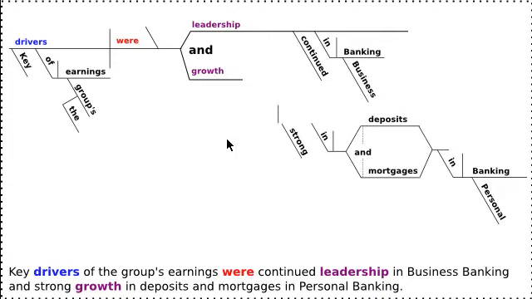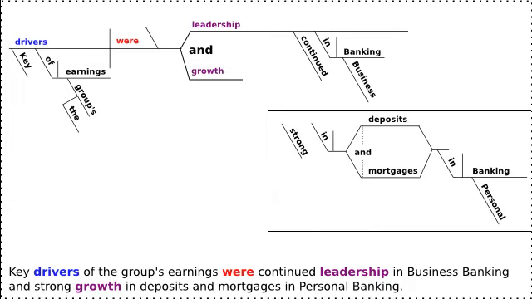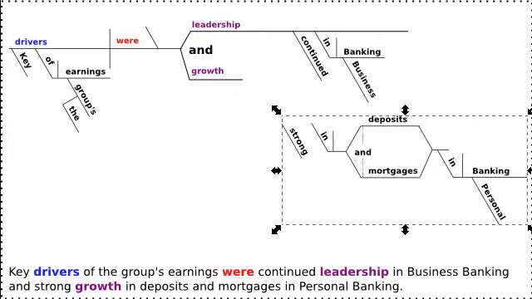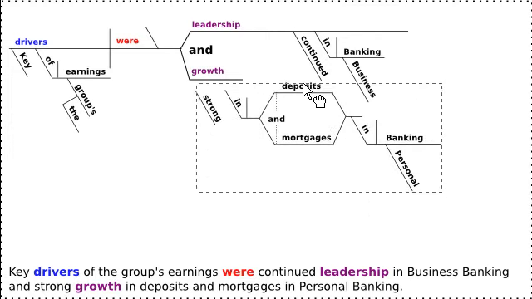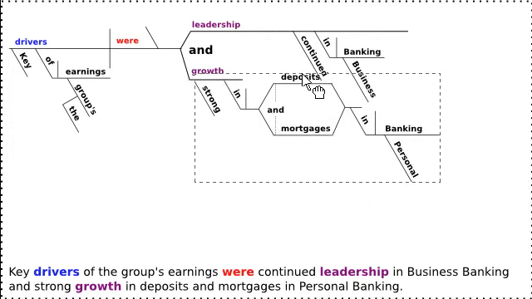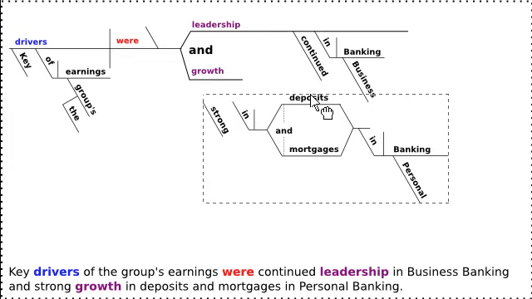And growth is still modified by these things down here. So now, just fairly roughly, our diagram is starting to look like this.